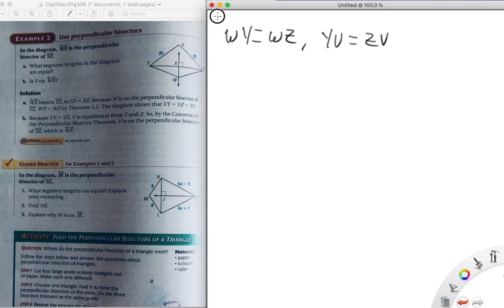Then part B says since they're equidistant from Y and Z, the converse must be true, that V is on the perpendicular bisector.